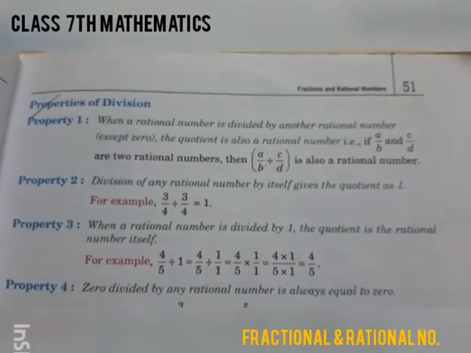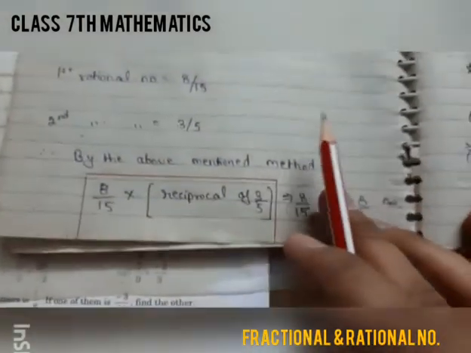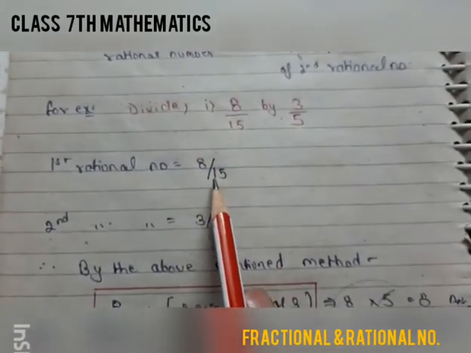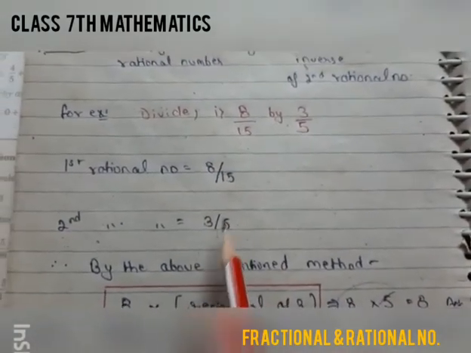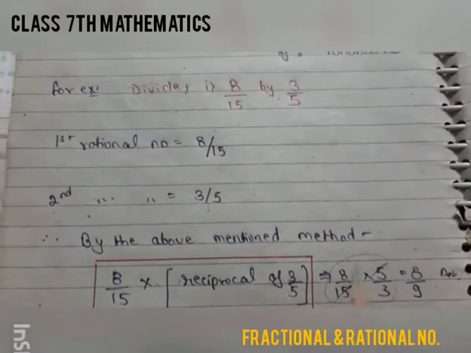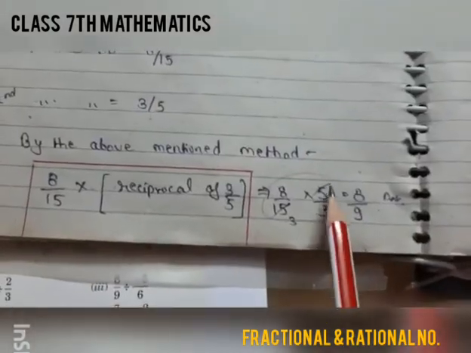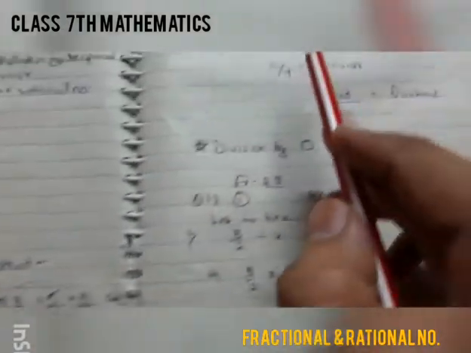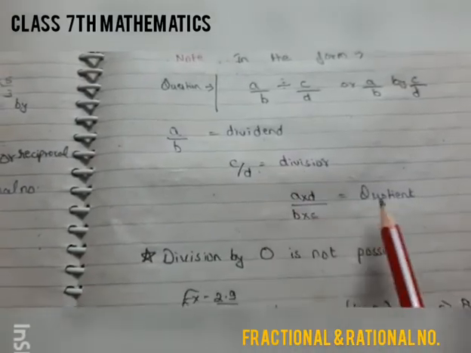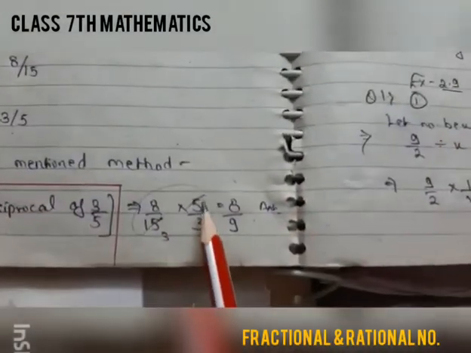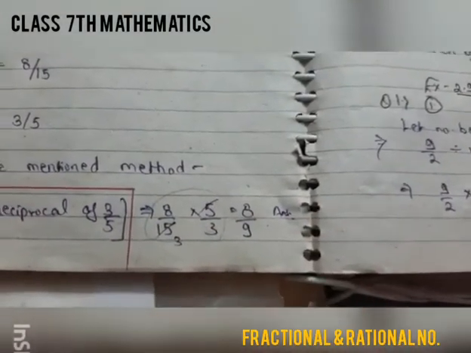This is 100% right. In this example, this was the first rational number and this was the second. When both are divided, the quotient, as per the format of dividend, divisor and quotient, is also a rational number.